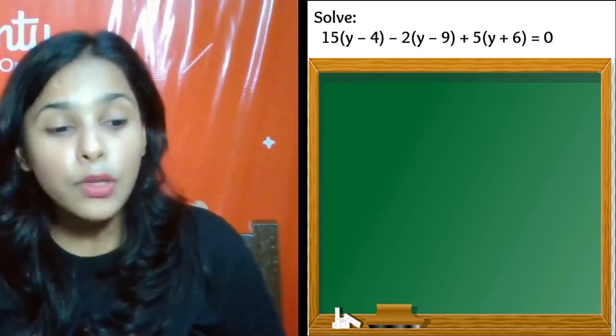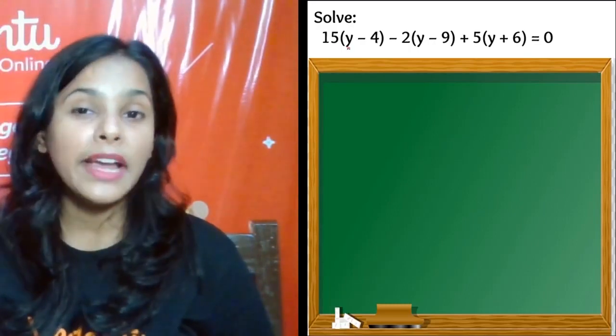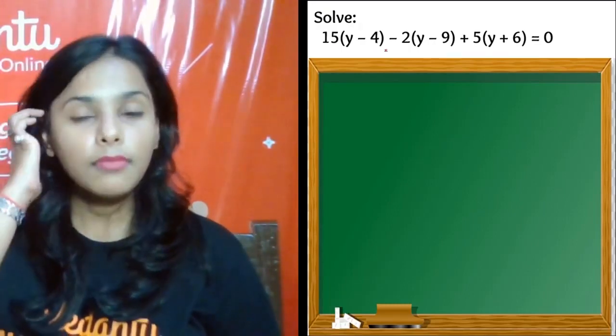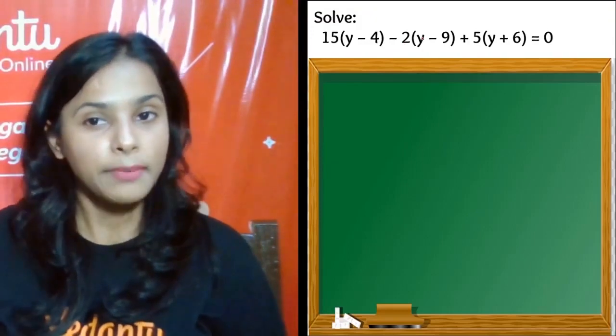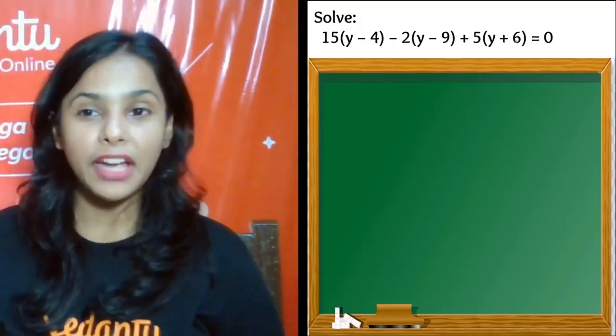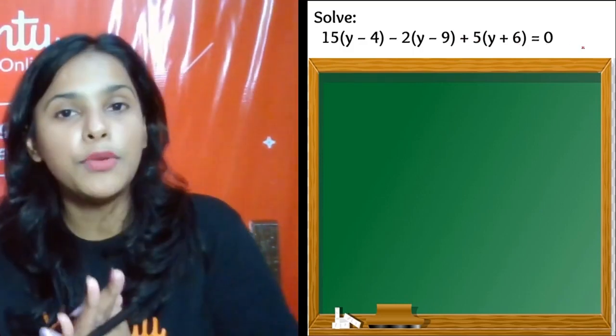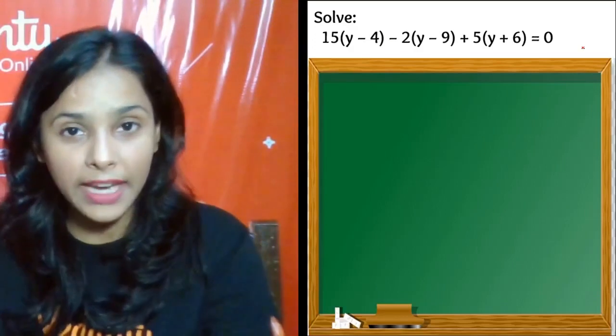In question number 1, it is given that 15 multiplied by (y minus 4) minus 2 multiplied by (y minus 9) plus 5 multiplied by (y plus 6) is equal to 0. You have to solve for the value of y.